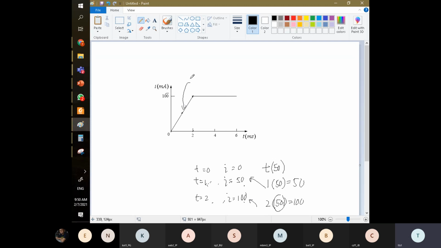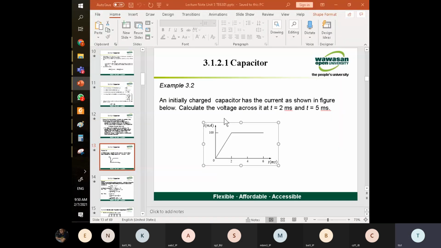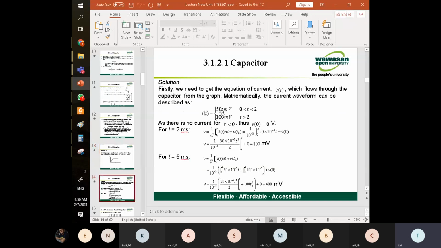That's why this function is 50t. Here it's just constant 100. So from 0 to 2 we can express it as 50t, and for more than 2, it's just constant 100.